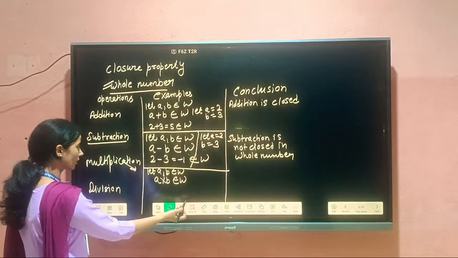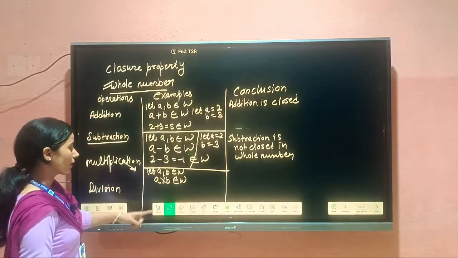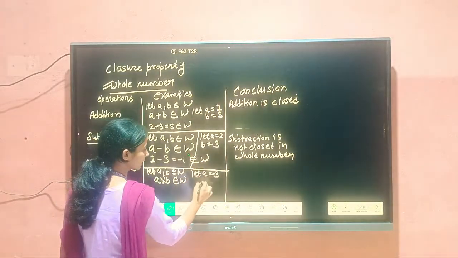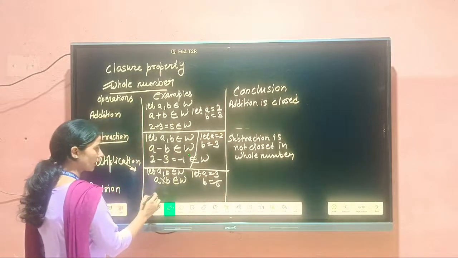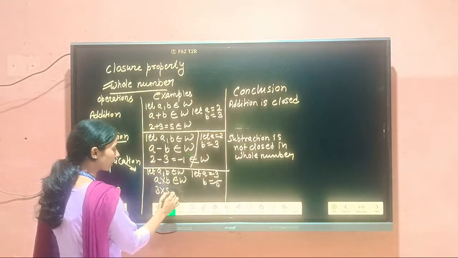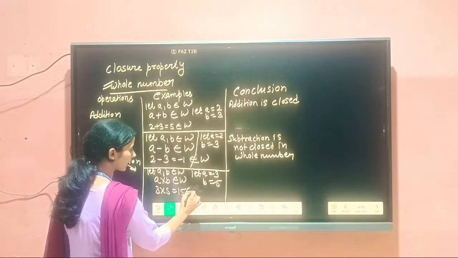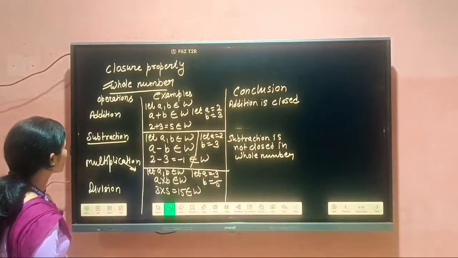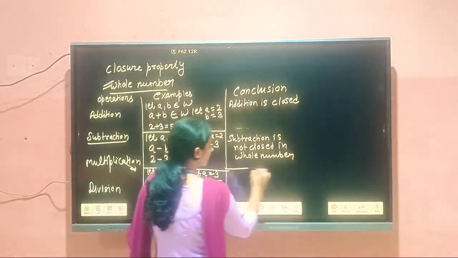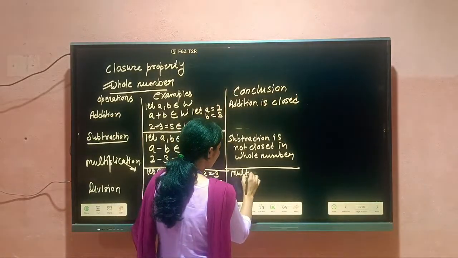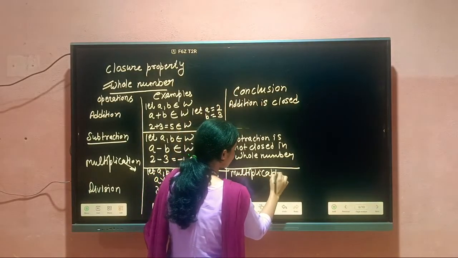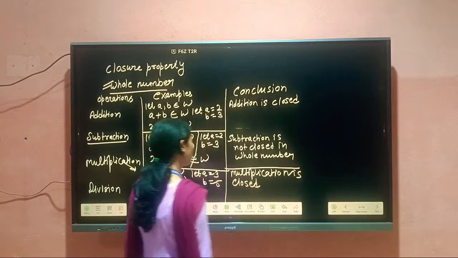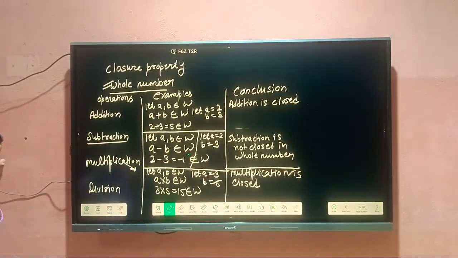If it is so, then we can say multiplication is closed, otherwise no. Then again a particular example: let A equals 3, B equals 5. Multiply 3 into 5, answer is 15. 15 again belongs to whole numbers. So what is our conclusion? Multiplication is closed in whole numbers.